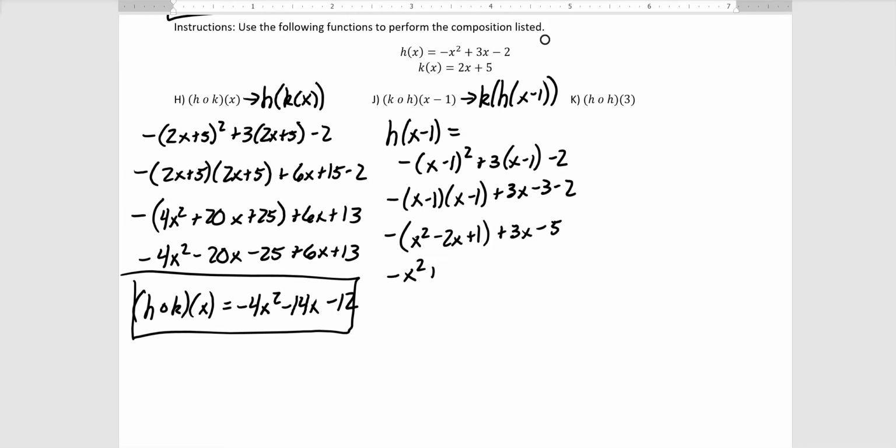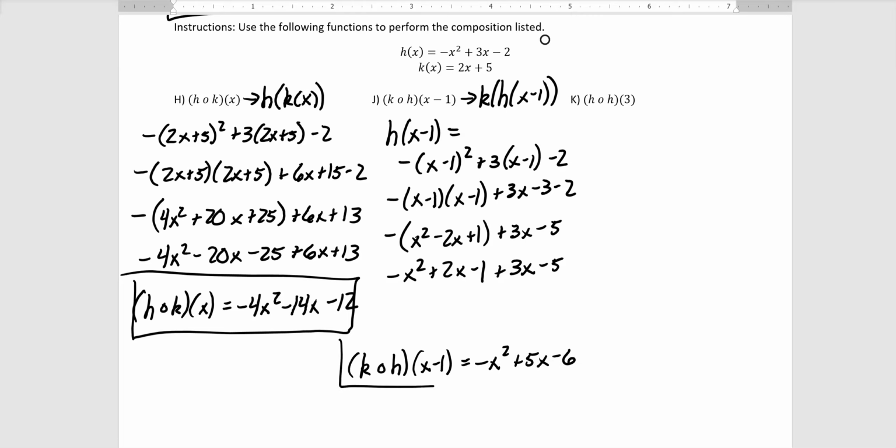Negative x squared plus 2x minus 1 plus 3x minus 5. Combine some like terms, and I will find that k of h of x minus 1 equals negative x squared plus 5x minus 6. That was a doozy.